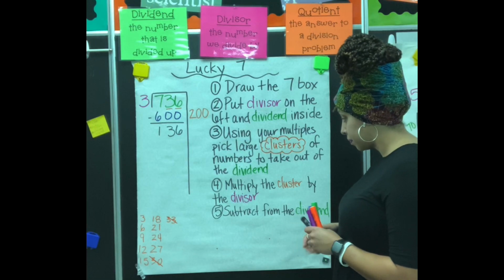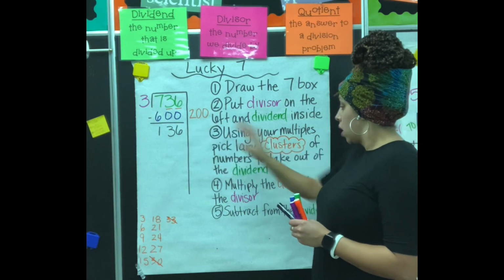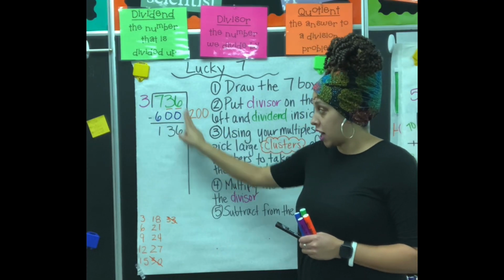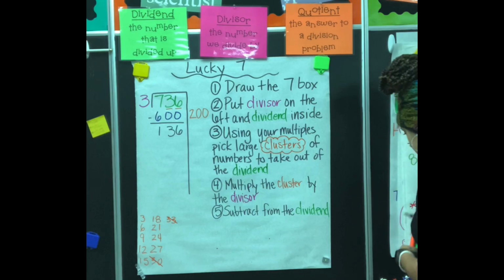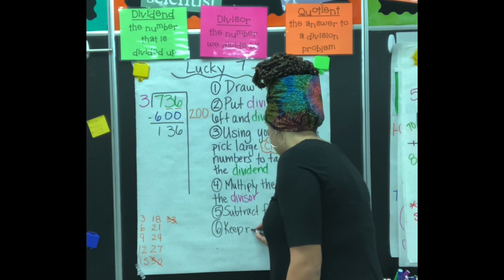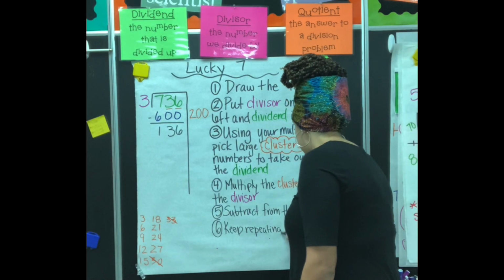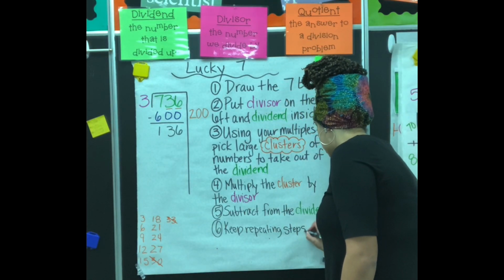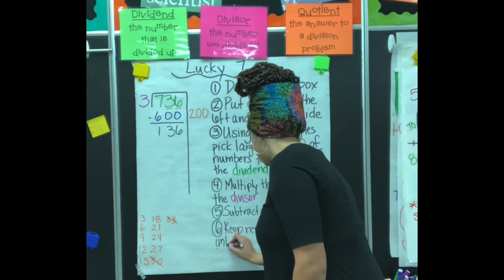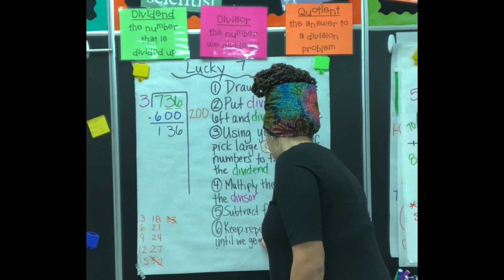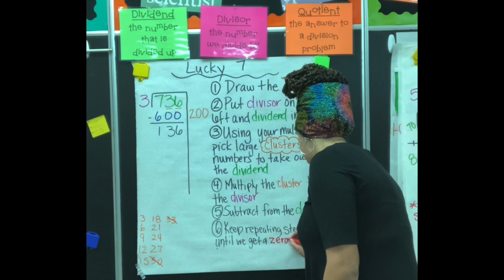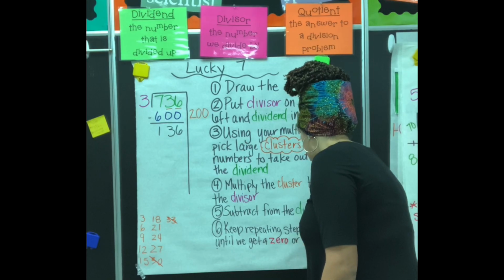So step number 6 is, okay, so I use my multiples to pick large clusters of numbers to take out of the dividend. Then I multiplied my large cluster and then subtracted it. Now step 6 is, we are going to keep repeating steps 3 through 5 until we get a 0, or a remainder.